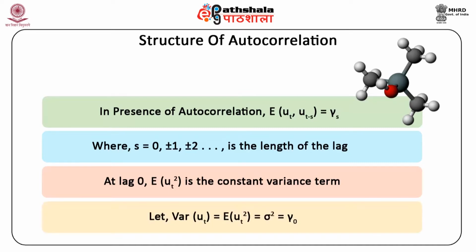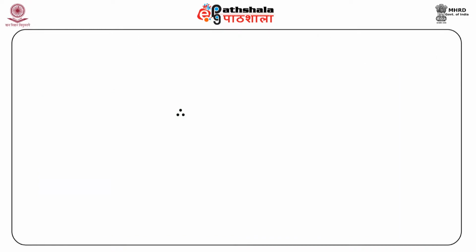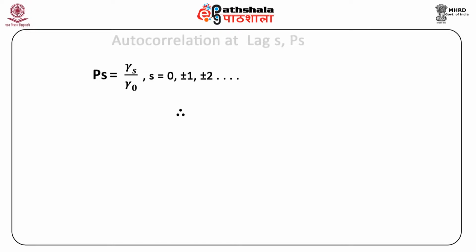Let the variance of u_t equal the expected value of u_t squared, equal to sigma squared, which is also denoted as gamma_0. Autocorrelation at lag s, rho_s, may be defined as rho_s = gamma_s / gamma_0, where s is equal to 0, plus or minus 1, plus or minus 2, and so on.